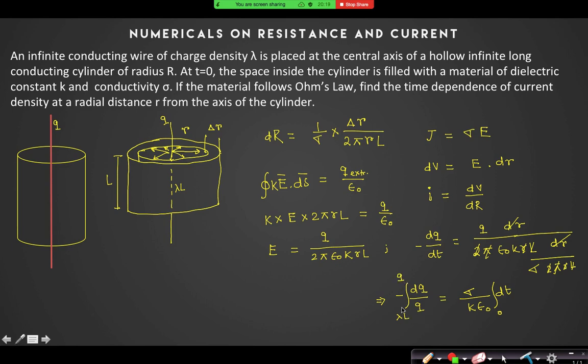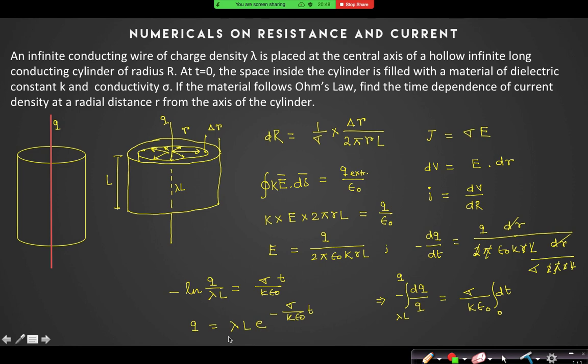So what is the value of q can I write from this expression? If I integrate it, then it is minus ln of q by lambda L is equal to sigma by k epsilon naught into t. So what is the value of q? Can I say it is lambda L into e power minus sigma by k epsilon into t?